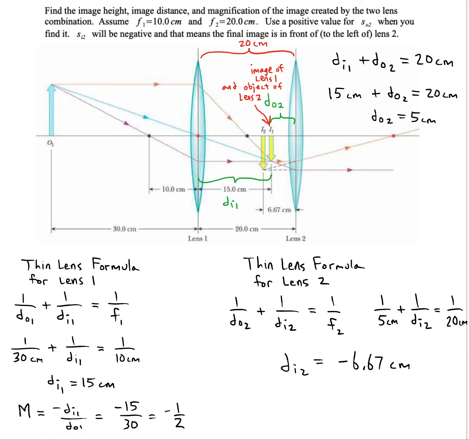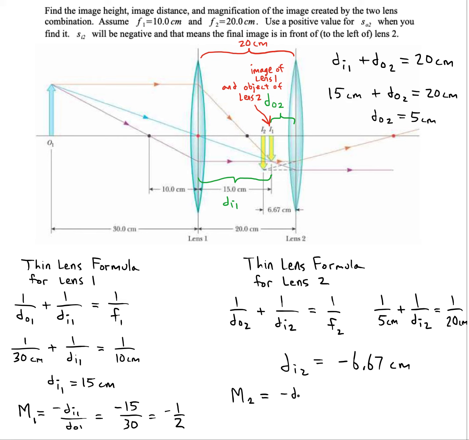We know the final image distance, but we also want to find the magnification of lens 2. So now I have to be more specific. Over here I said m was negative 1/2, but which m is it? It's the m of lens 1. And now we have to find what's called m2, the magnification of lens 2.